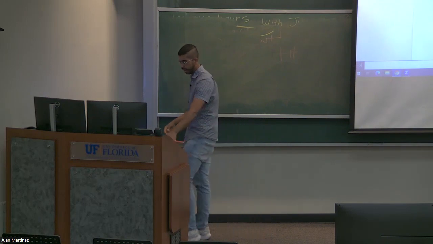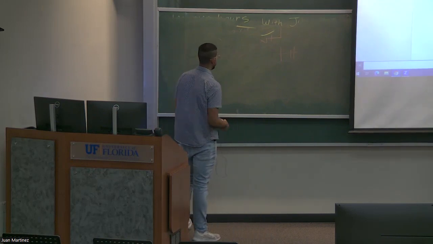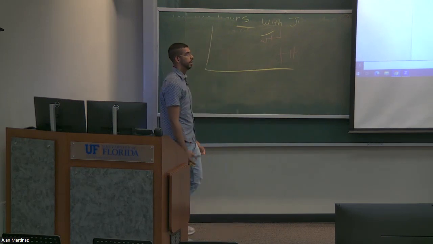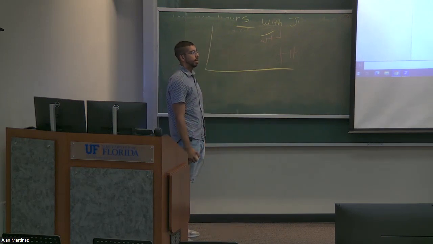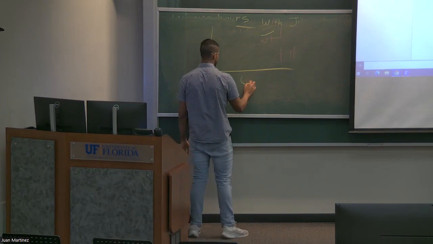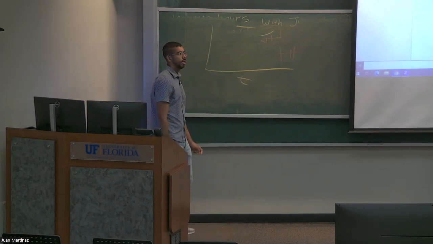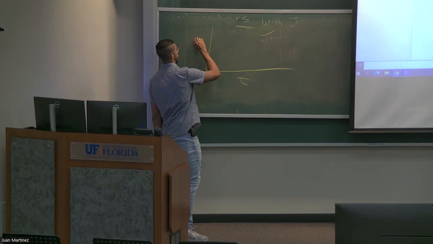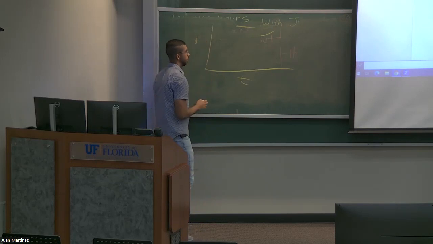The spiel is that, let's say you have time. And then, no, it's not. The size of the molecule stays constant. All right. And then you have here the distance.